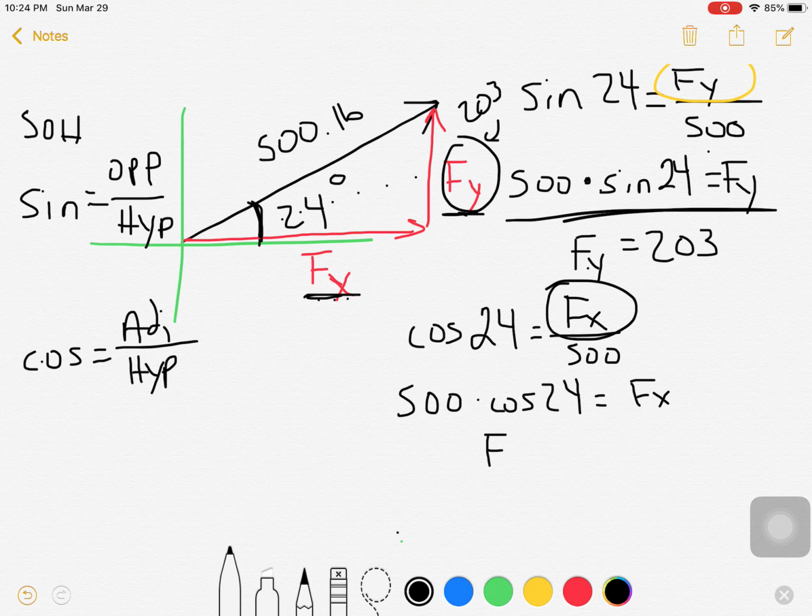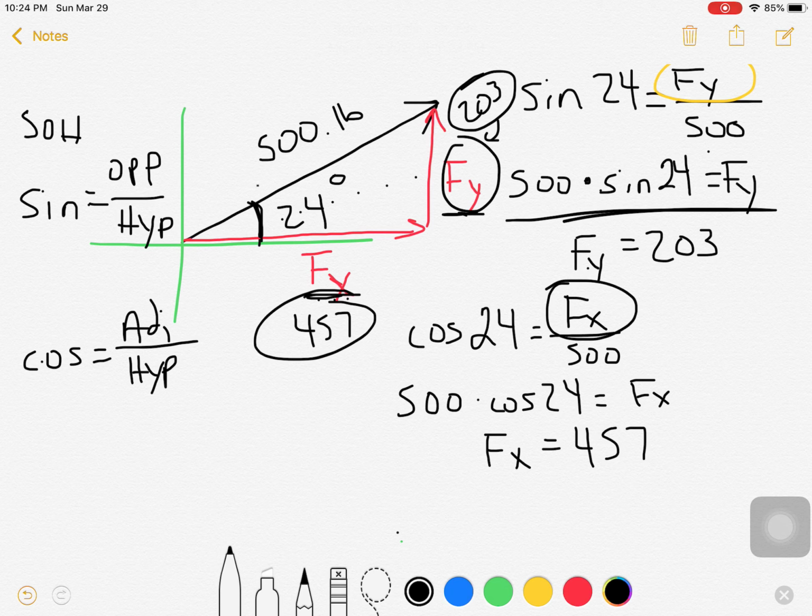So Fx equals 457. All right, notice again the 457 plus 203 does not equal 500.